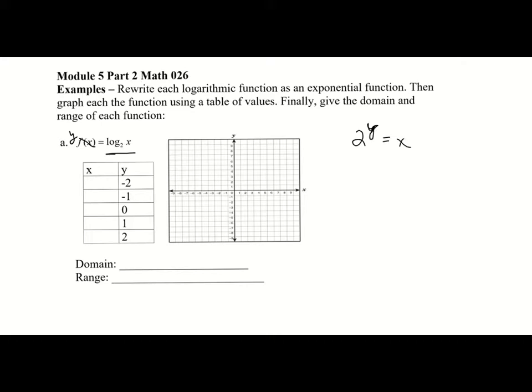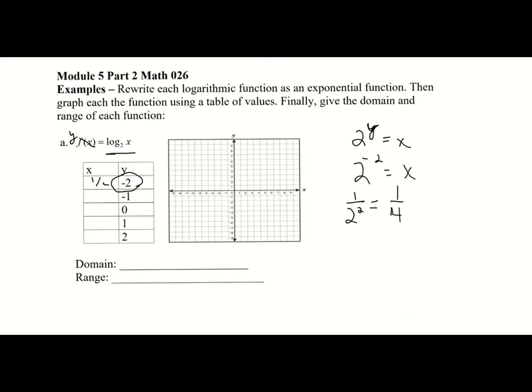So here you'll notice they helped us out a little bit. We don't need x values, or it would be easier if we have the y values, and that's what they gave us. So we're going to start off with 2 to the negative second power is equal to x. That's going to be 1 over 2 to the second, because we're going to get rid of that negative exponent, or 1/4.